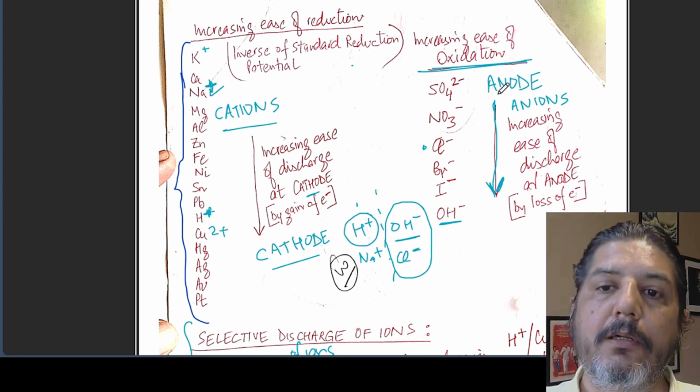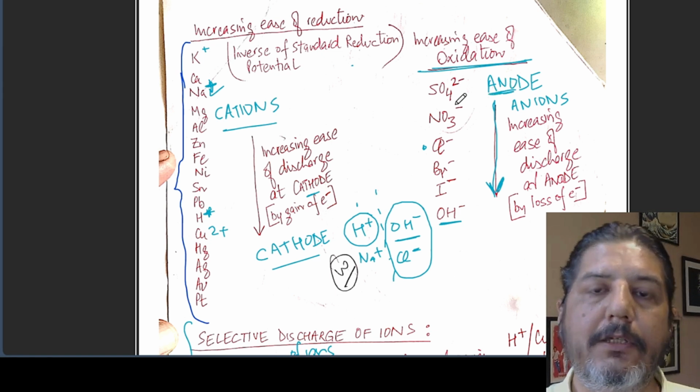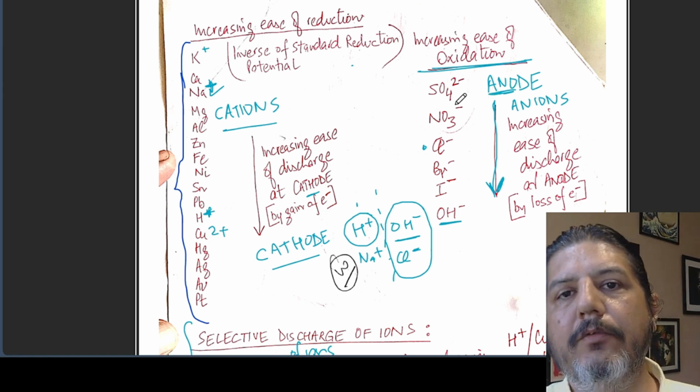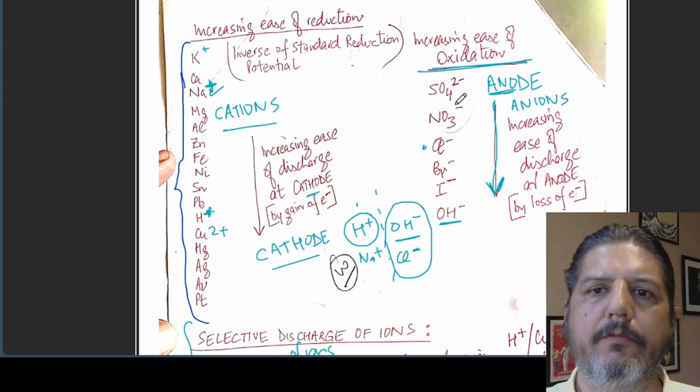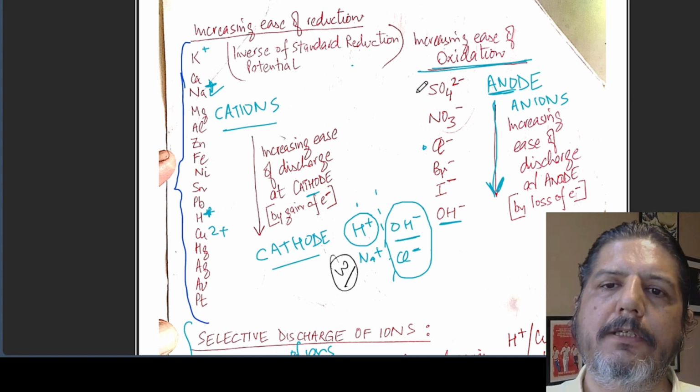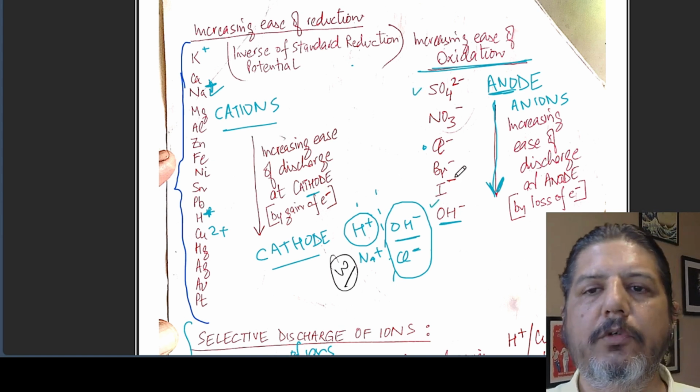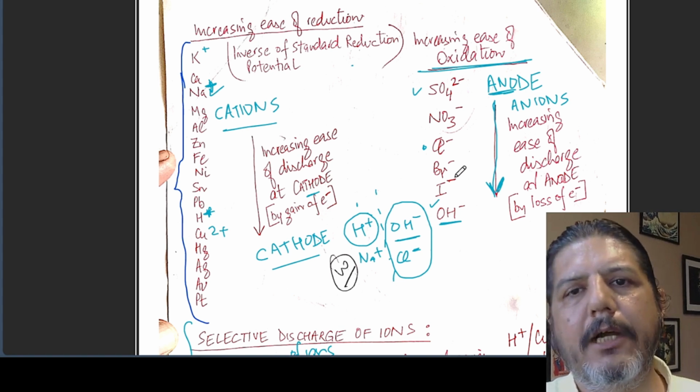Similarly, when I'm looking at the anions, when they rush towards the anode, which one will get discharged first? Let us say sulfate is competing with hydroxide: does sulfate get discharged or hydroxide?